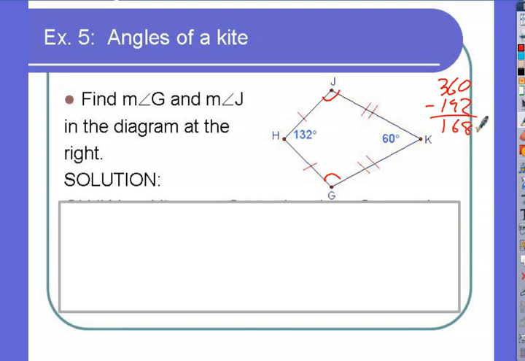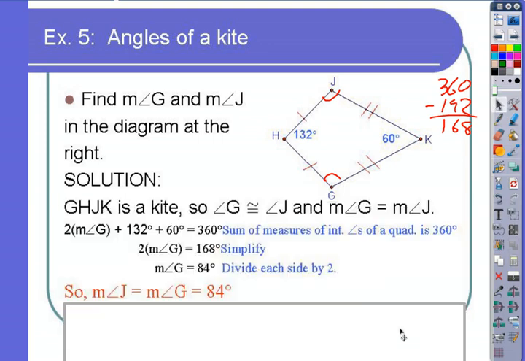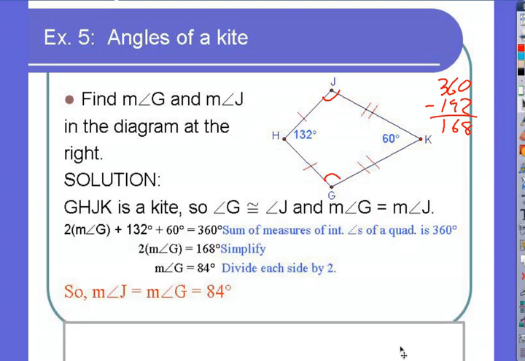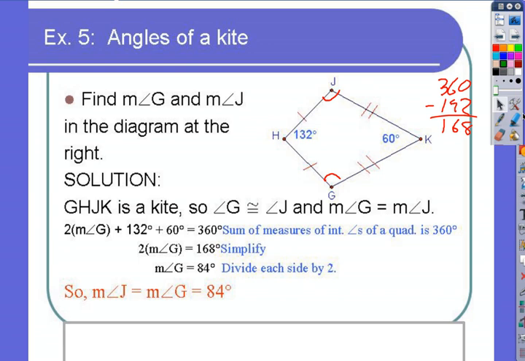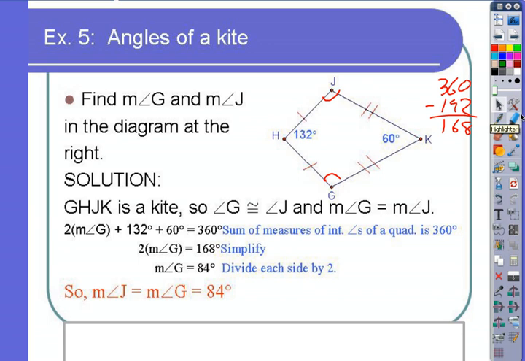That's how many degrees are left to split between those two, right? So what would they be? 84. Split it equally, and we get 84. Make sense? Okay? All right, let's go practice.